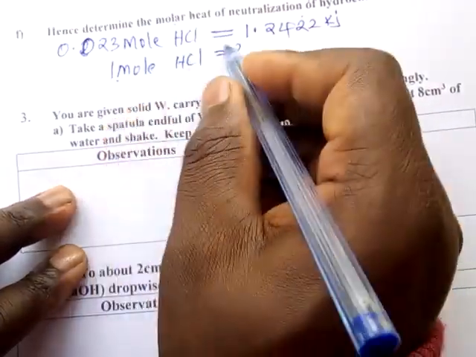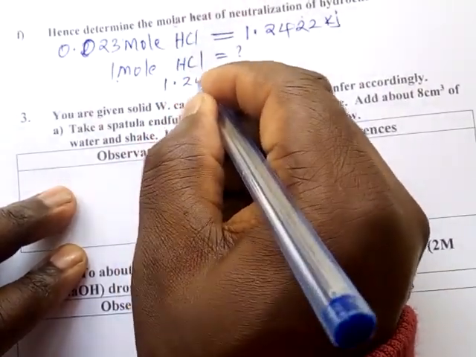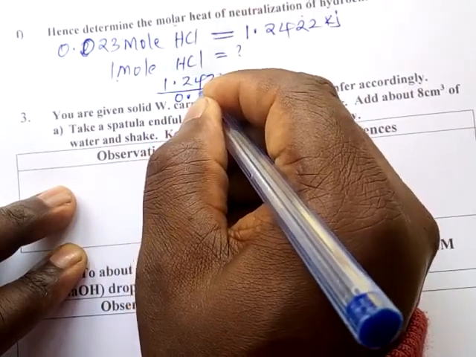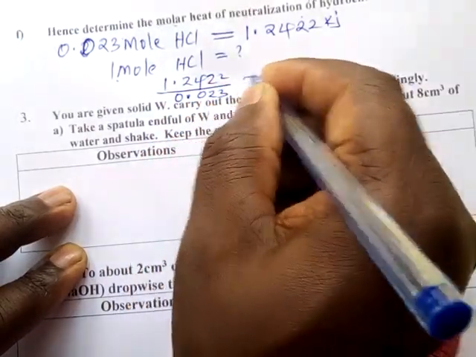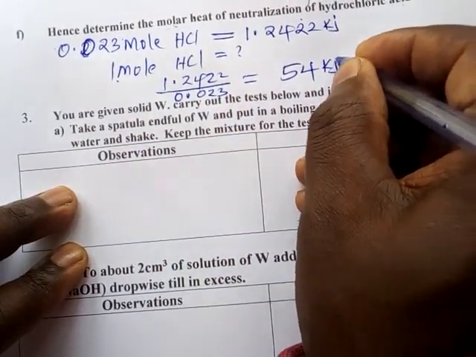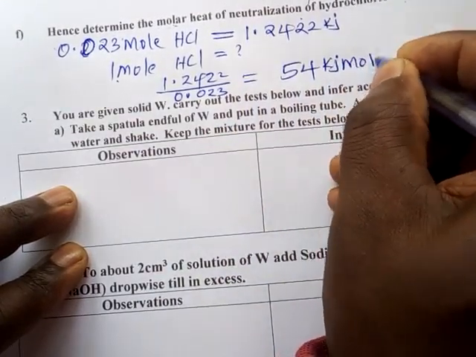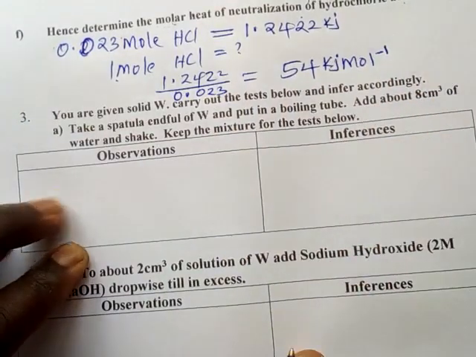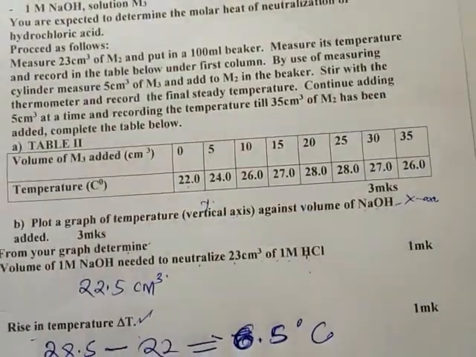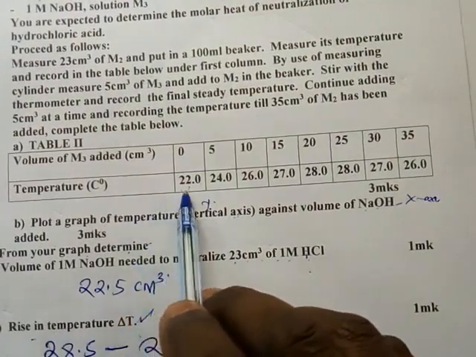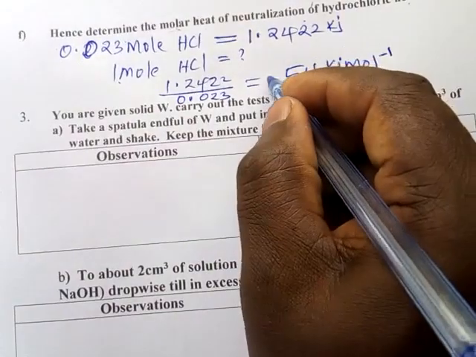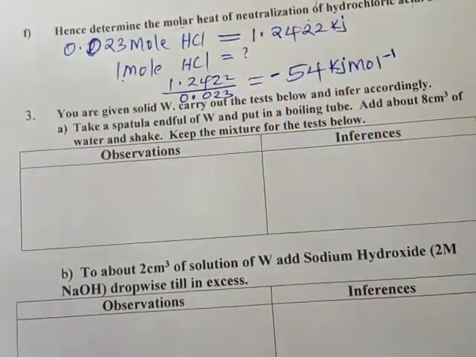So it is 1.2422 divided by 0.023. This one will give us 54 kilojoules per mole. But we know that the reaction was exothermic because the temperature was increasing. Therefore, we have to include the negative for you to score the full mark.